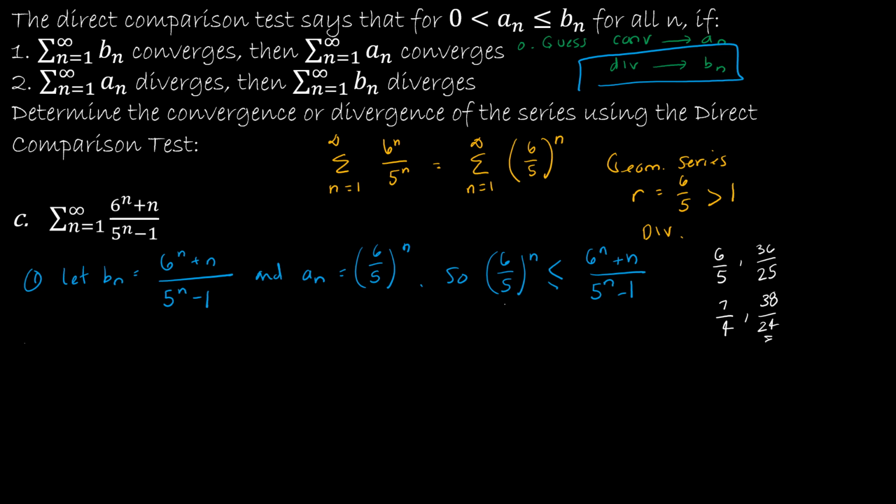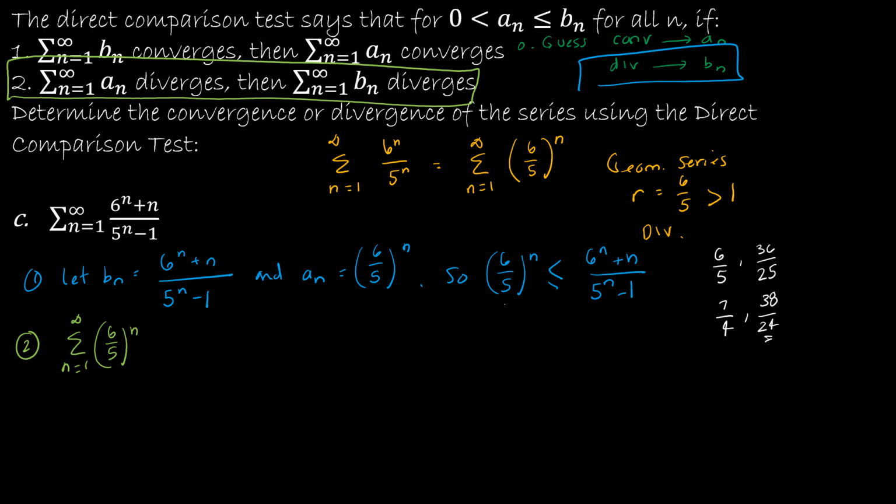Step 2 is to say, okay, well, because that's true and my guess is divergent, then I'm looking at this row that says the summation as n goes from 1 to infinity of 6/5 to the n is a divergent geometric series with the absolute value of r being 6/5, which is greater than 1.